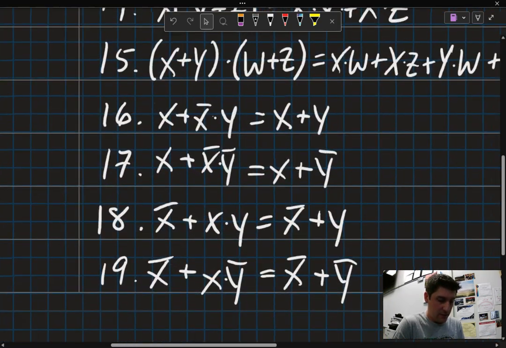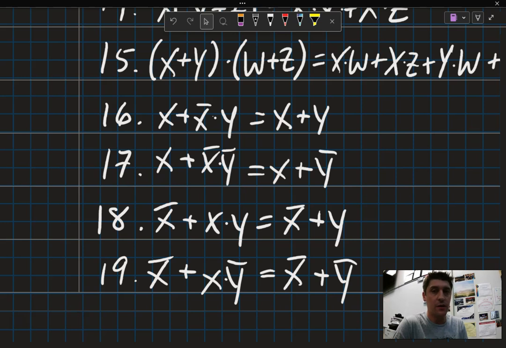Okay, so theorems 16, 17, 18, and 19, I'm not going to spend very much time on. These are pretty circumstantial, and the reasoning from where they come from is a bit convoluted, but the long story short is that these come from kind of hacking math, if you will. You're kind of adding a fake number that's there but doesn't matter.